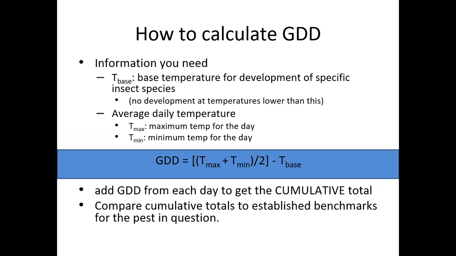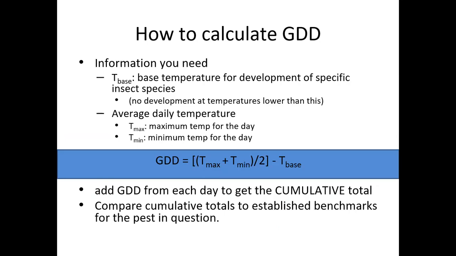So trying to predict when they're going to occur on calendar days doesn't really work, because we have warm seasons, we have cold seasons, the temperatures on any given day are going to be different. So by looking at the actual daily temperature, we can then calculate this cumulative growing degree days that give us an idea of the actual amount of biological development that has occurred based on temperature.